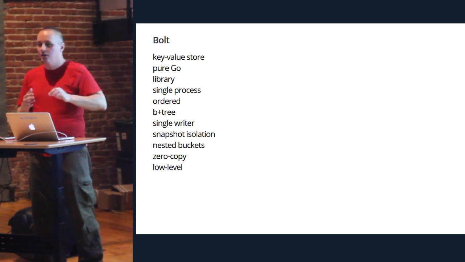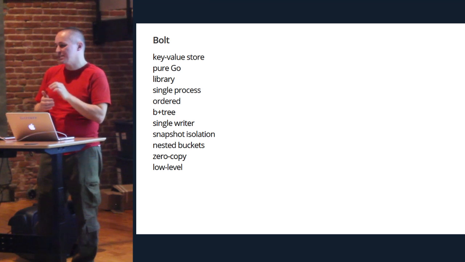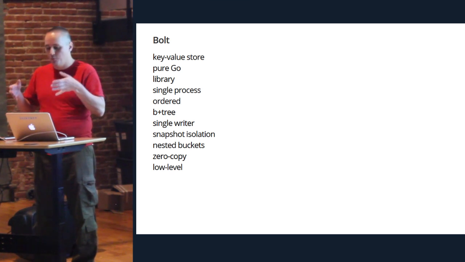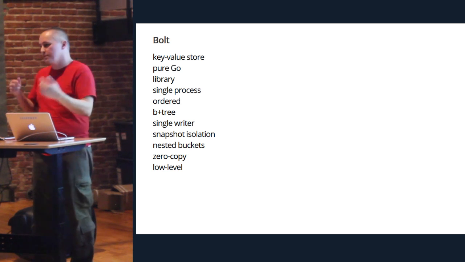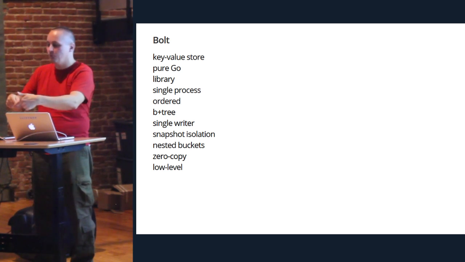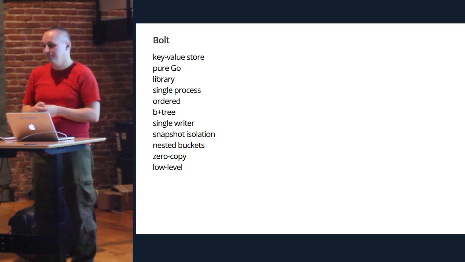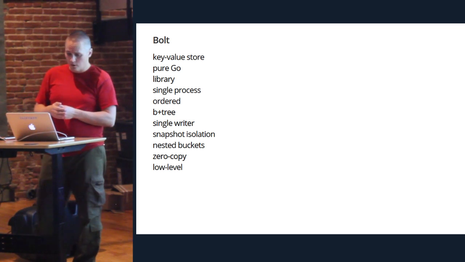The Bolt database is meant to be used from a single process. So you really own the file that you have opened, nobody is using it at the same time. So for example, SQLite will let two processes open the same file, and it pays the overhead of doing that. Bolt kind of tries to go for the simple thing, and it doesn't pay that overhead.